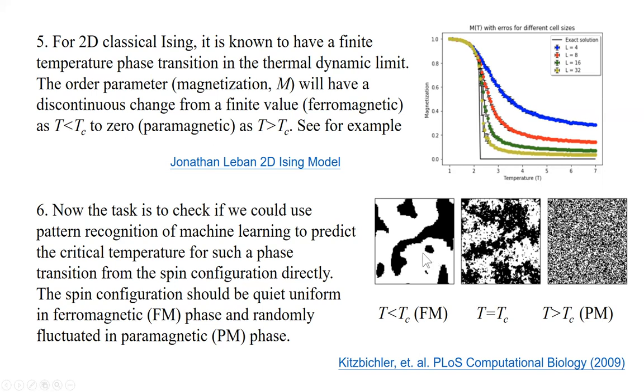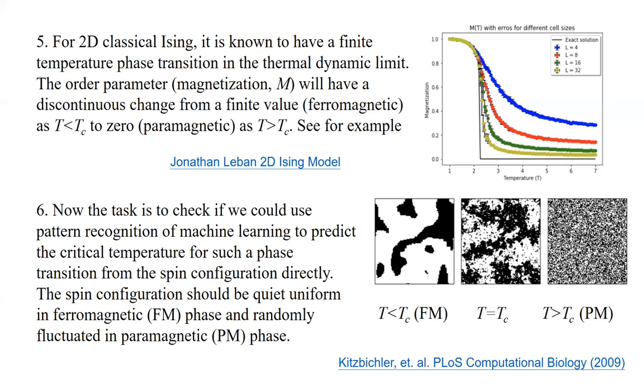But when temperature is below Tc, there can be symmetry breaking, in which, for example, more spins are up, because their spin exchange coupling prefers to make the spins parallel to each other. So it forms a domain. But around Tc, you can see that the domain becomes fractionized, so that it looks like some domain, but not really, and there are a lot of fractal patterns therein.